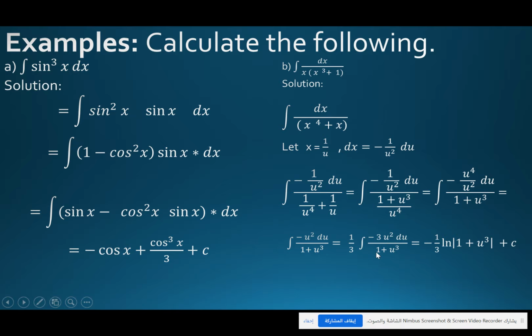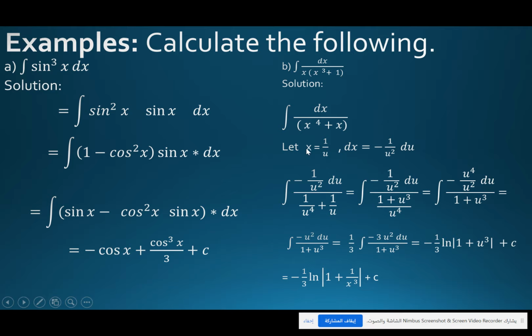And that will take you back to the rule of ln. Here, ln the denominator, which is 1 plus u to the power of 3, all plus c, because you are dealing with an indefinite integral. We have finally negative 1 over 3 ln of 1 plus, we can return back this u as it was. u was 1 over x from here.